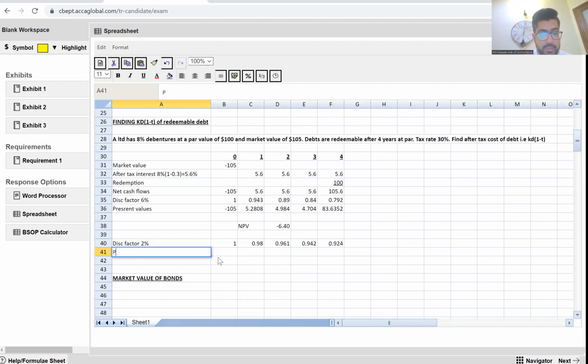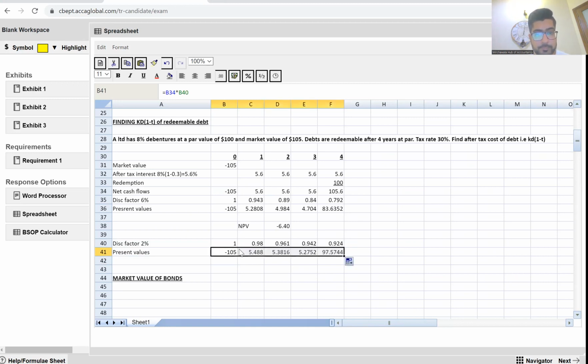Again, net cash flows into discount factor will give you present values. So net cash flow is 105, that's B34 into the new discount factor B40. Drag it on. And you get the other NPV as the sum of all, B41 to F41.